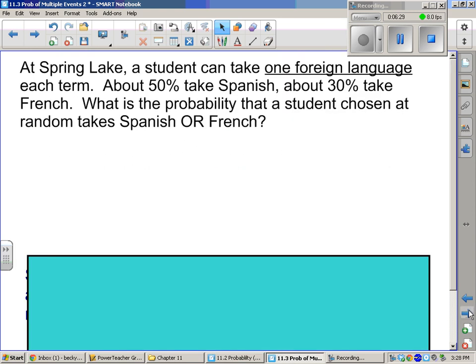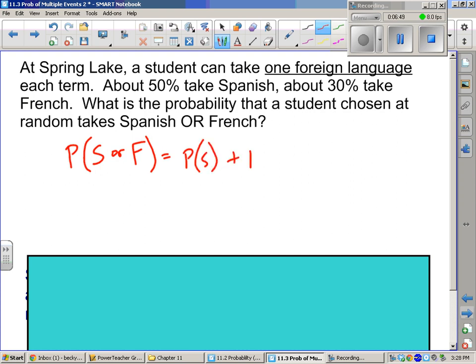At Spring Lake, a student can take one foreign language class each term. About 50% take Spanish, 30% of students take French. What is the probability that a student chosen at random takes Spanish or French? So our handy dandy formula says that we can take the individual probabilities and add them together, and then subtract the overlap, but I don't think there can be an overlap because it's underlined up there.